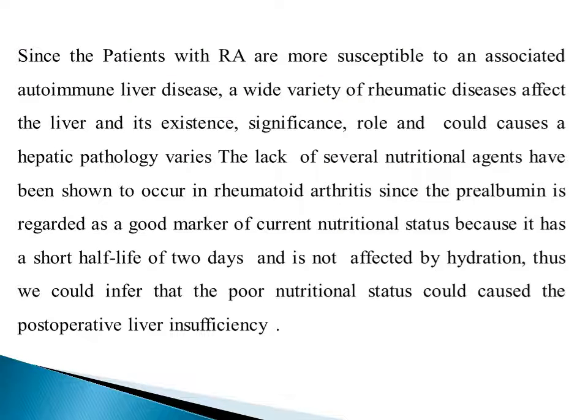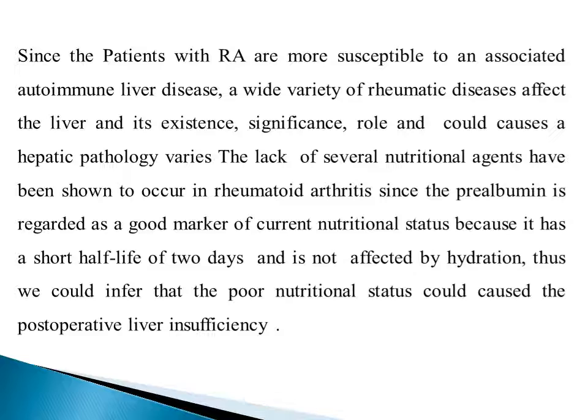Since patients with rheumatoid arthritis are more susceptible to associated autoimmune liver disease, a wide variety of rheumatic diseases affect the liver and could cause hepatic pathology. The lack of several nutritional agents has been shown to occur in rheumatoid arthritis.